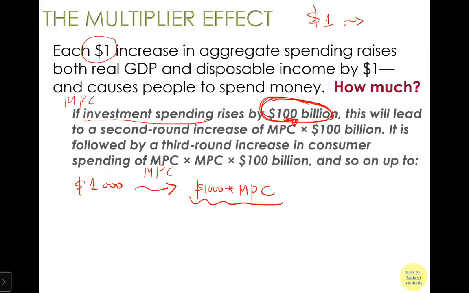So for example, I spend this amount to buy some furniture. I'm going to buy a standing desk so that I can become more productive in giving lectures to my students. Let's put in some numbers. Say the MPC is 0.6. That means I'm going to spend $600. But this $600 is going to become somebody else's income.